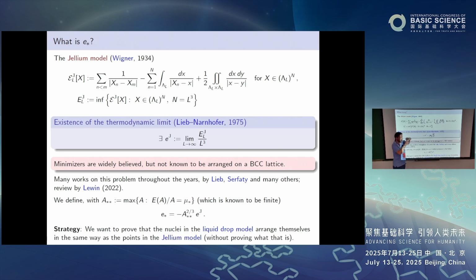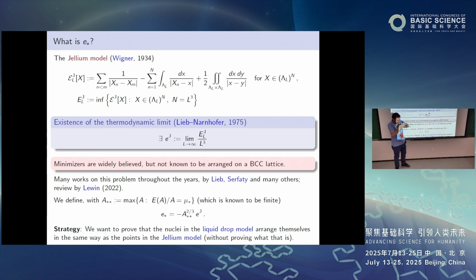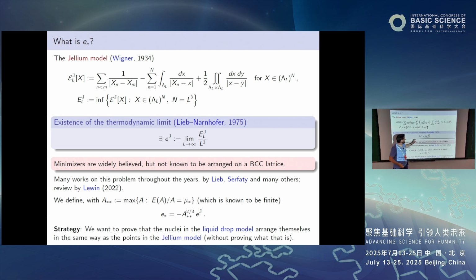And then, among these point configurations, so these are just points now. Let me perhaps draw another picture over there. So these are just points. Again, you have the background. You associate a certain energy to that. You enforce neutrality so that you have exactly as many points as background charge, and then you prove the existence of the thermodynamic limit.